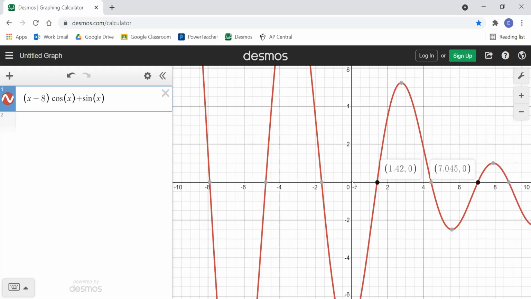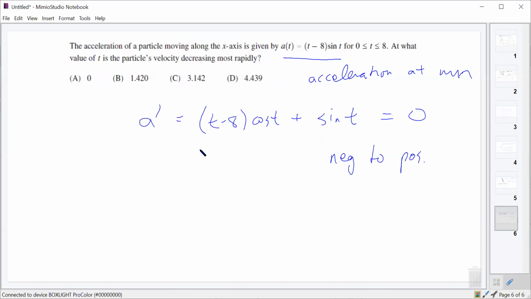And so we'll plug each of those values, 1.42, 7.045, 0, and 8 into our acceleration to see which one of those is the smallest. If I plug in 0, that comes out to just be 0.